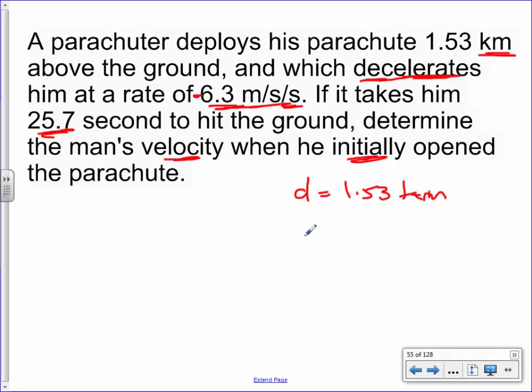That's not going to work the way it is. So before I go any further, maybe I should write it as 1.53. What is kilo as a prefix? Times 10 to what? 3. Okay, so kilo is times 10 to the power of 3 meters. Or another way of writing this number is 1530 meters. There's the number we're going to have to use now that it's in meters.